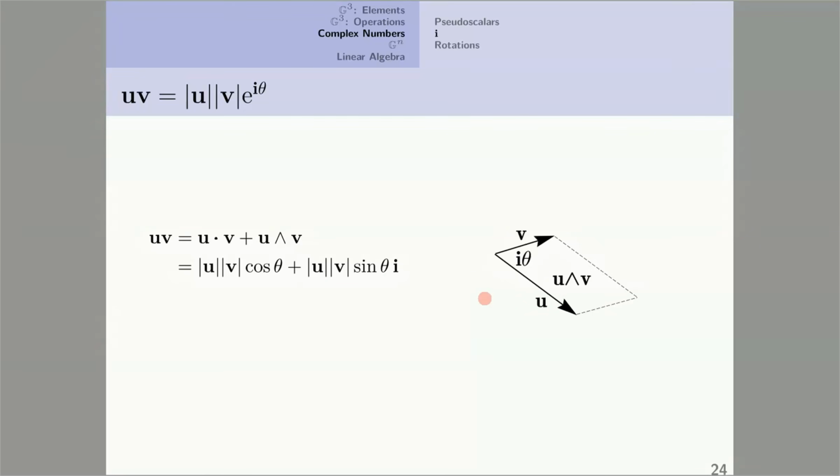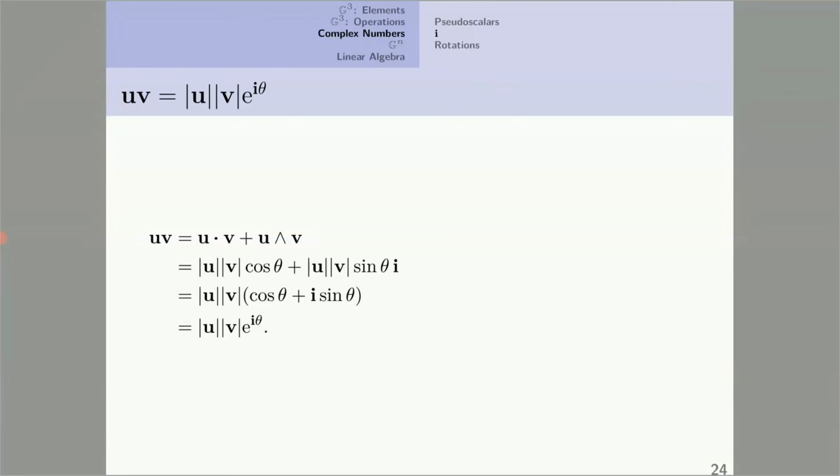The plane determined by u and v is I. The I is here, and the I is here. And the area of that parallelogram is the length of u times the length of v times the sine of theta. Do a factoring, and replace cosine theta plus I sine theta with its definition, e to the I theta.